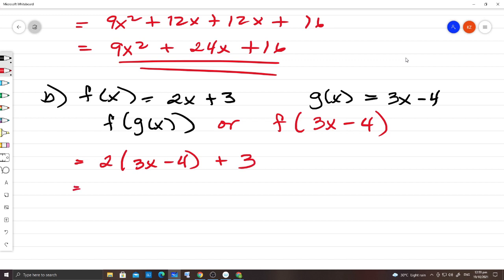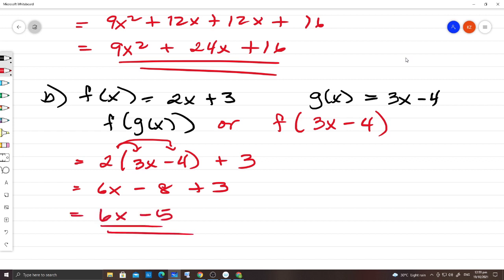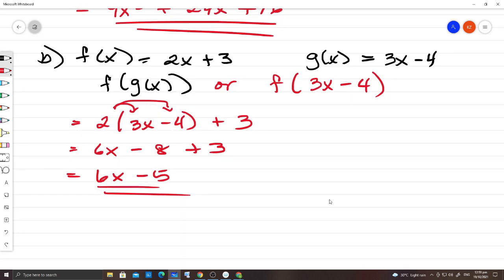This one is f, so that's why it has plus 3. Then we have 6x minus 8 plus 3 is 6x minus 5.